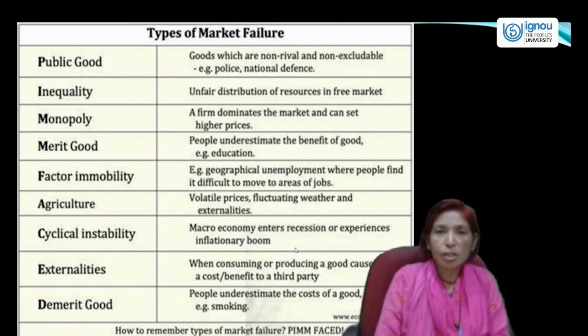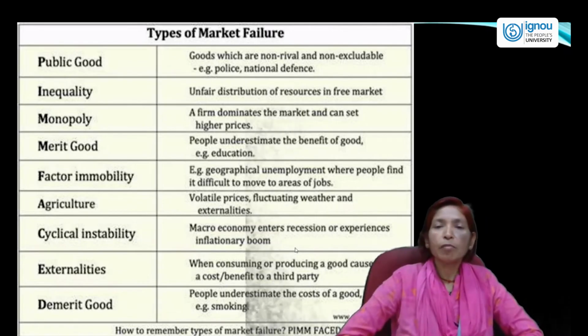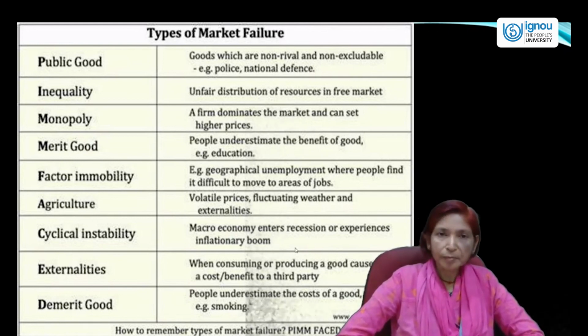If there is stability, and it is not necessary to move anywhere else, then we can say that the market is successful. But if there is instability, immobility or inequality in the economy, that is a main cause of market failure.